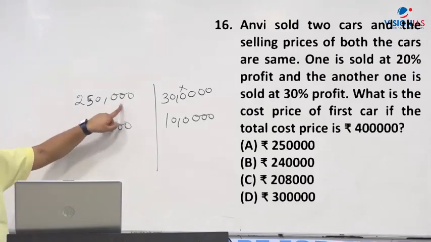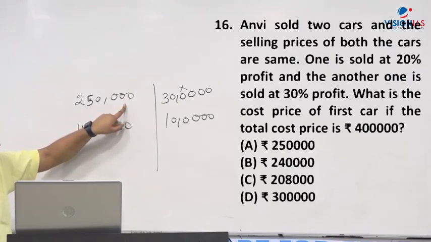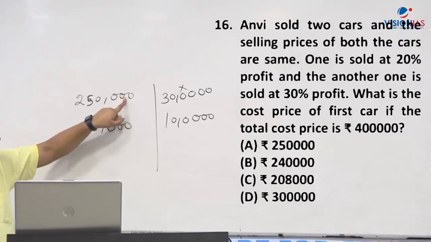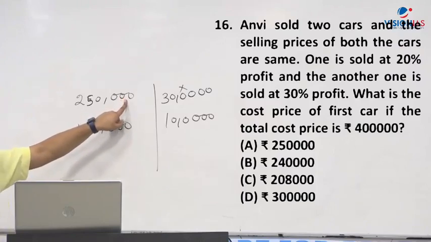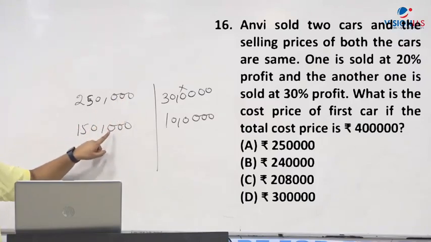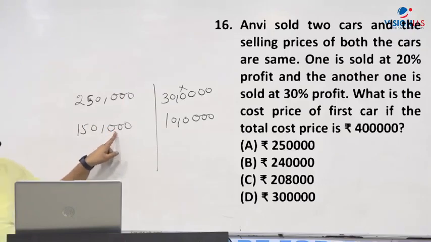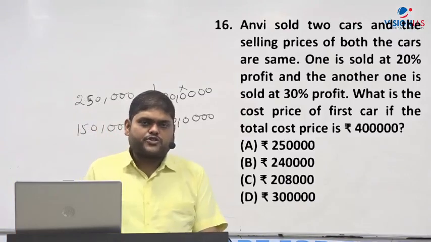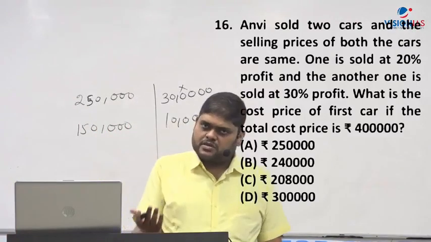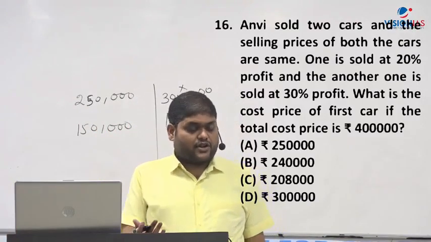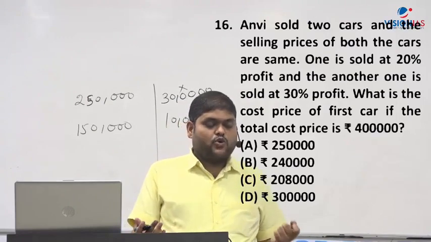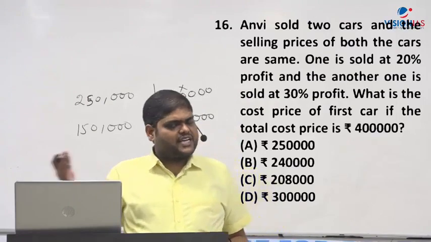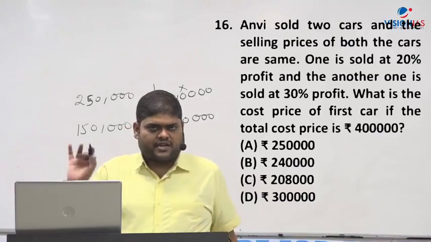What is 20% of this? 20% of this is 50,000, and 30% of this is 45,000. That means this option is also wrong. Then you can try option number third, 2,40,000. And if that is also wrong, go for option D.